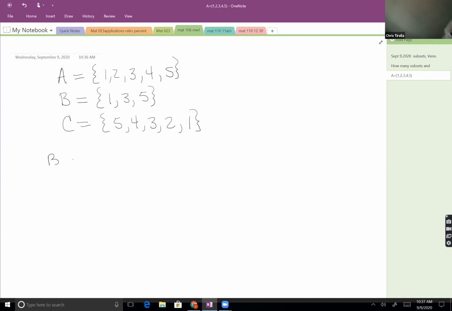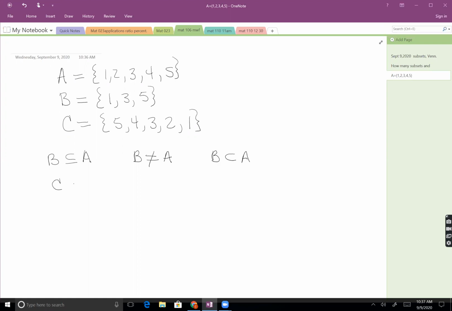Is B a subset of A? Yes. Does B equal A? No. So we can say that B is a proper subset of A because everything inside of B is in A, but they are not equal. So far, so good.